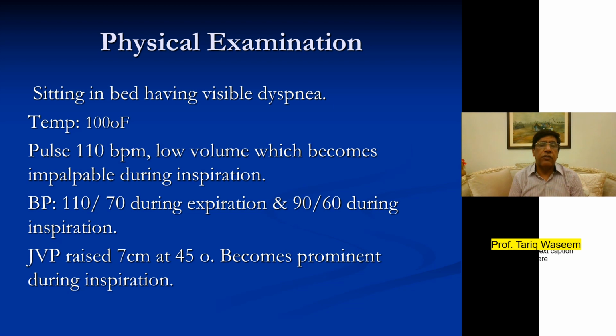Then his JVP was noticed to be raised. It was about 7 centimeters at an angle of 45, but it used to become more during inspiration. Now we know that during inspiration, normally the negative intrathoracic pressure would lead to a decrease in the height of the JVP column. But this gentleman was having a rise in the height of the JVP column during inspiration, which was quite noticeable.